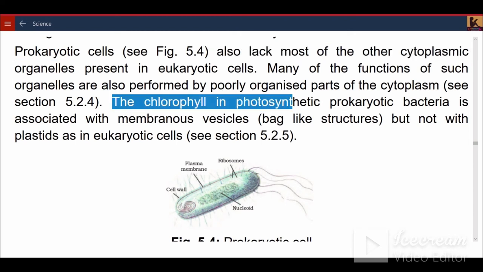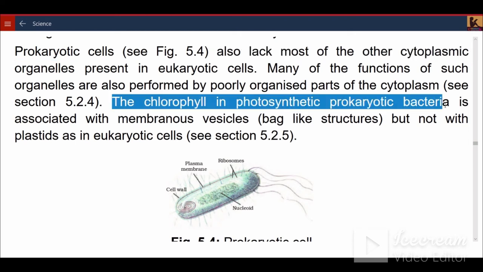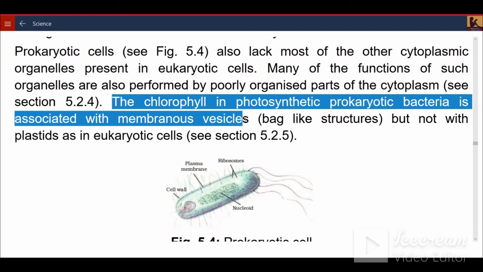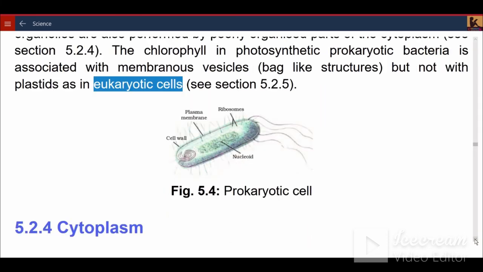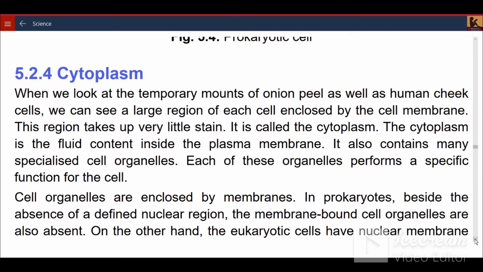The chlorophyll in photosynthetic prokaryotic bacteria is associated with membranous vesicles, bag-like structures, but not with plastids. So normally we are going to study about plastids. In plastids you will see that there are two main types, and one contains chlorophyll, which is used for photosynthesis. But now the third important part we can see a cell has is the cytoplasm.